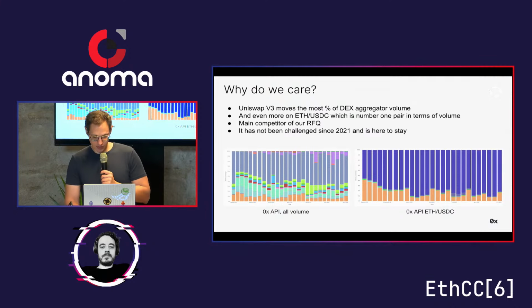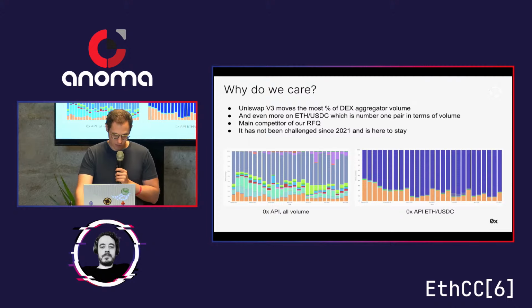And this is the main competitor to our RFQ. We care about this because we do the routing, and when we do the routing, we need to decide whether we will use our RFQ, which does not suffer any MEV, or we will use Uniswap that actually does. And we just want to understand what's actually going on in there and how good that liquidity is.